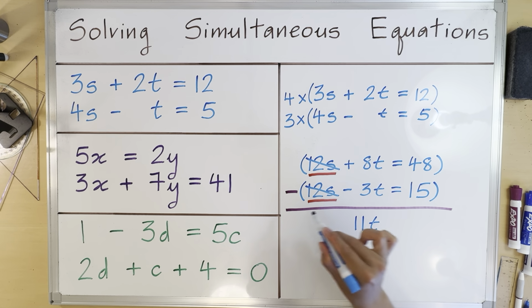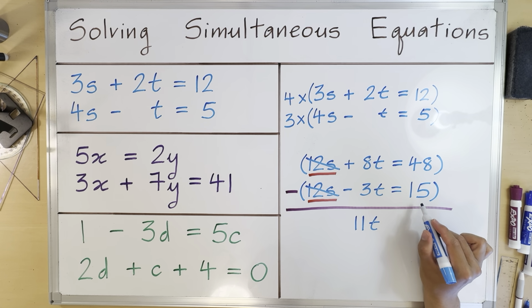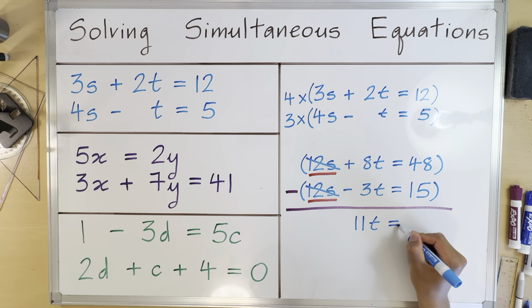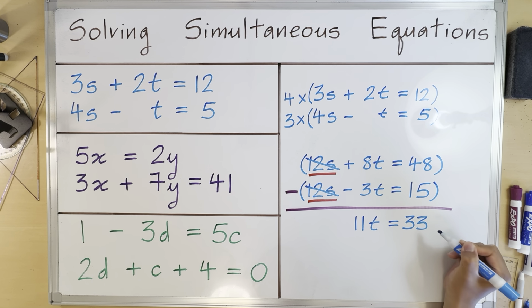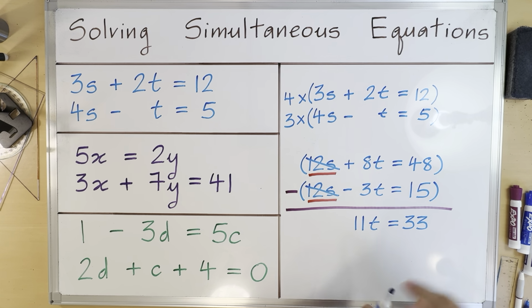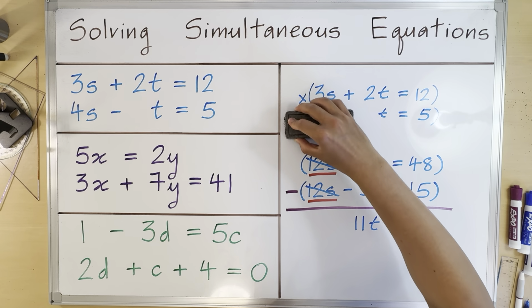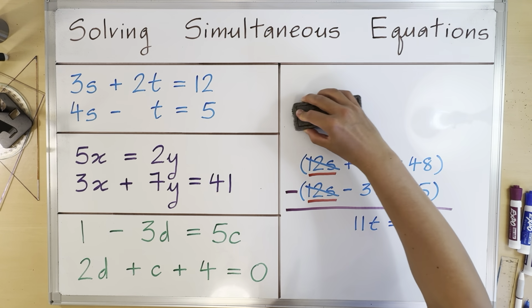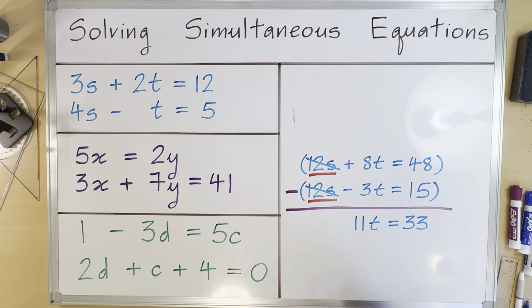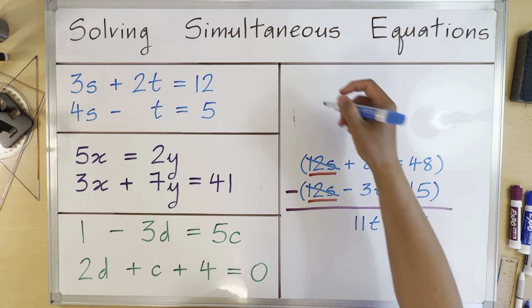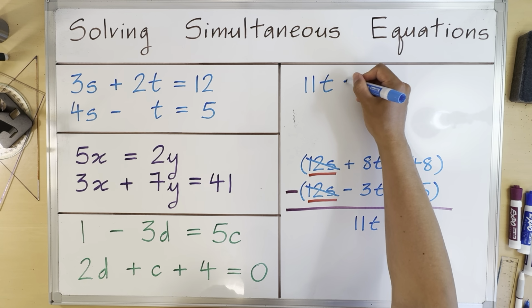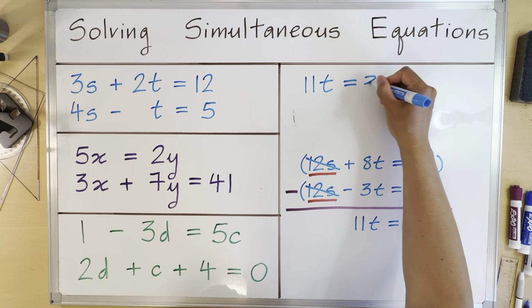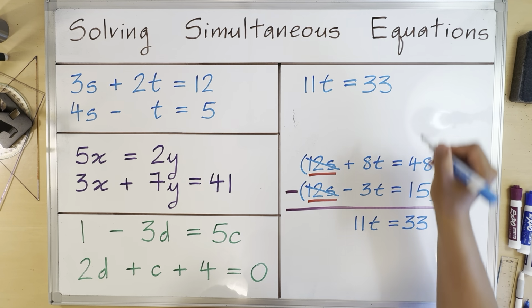Positive 48 minus positive 15 gives us positive 33. So now we have 11t being equal to 33.